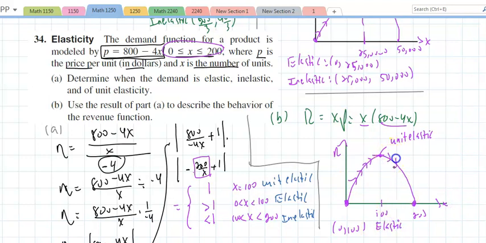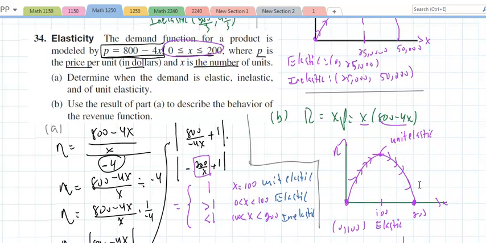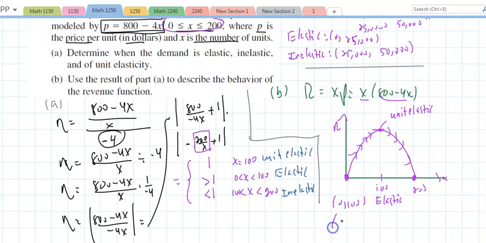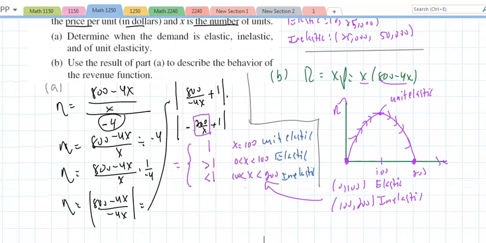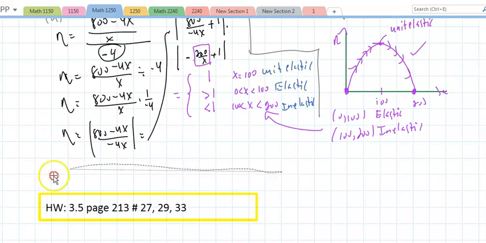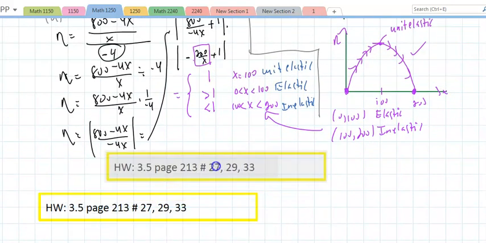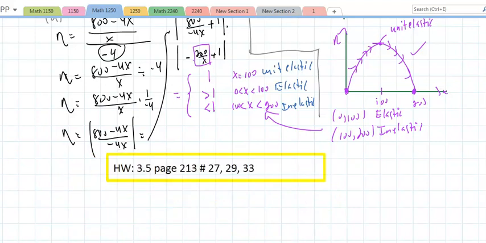And from 100 to 200, do you see that this is inelastic? So I could have done this and gone backwards, and that would have made things a lot simpler. So this graph is easy to do, provided it's a parabola, and it's always the case. And here's the rest of the homework. Even though we only have 3 problems, they are extremely important to figure out and understand.